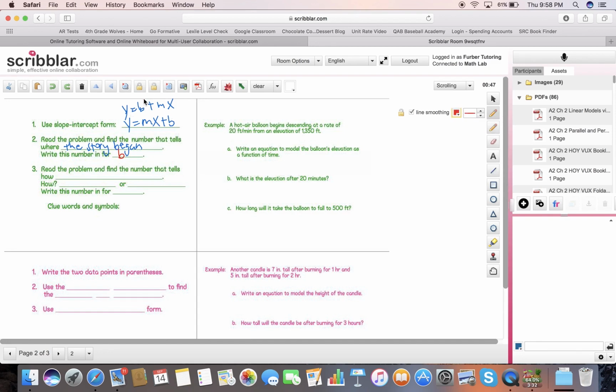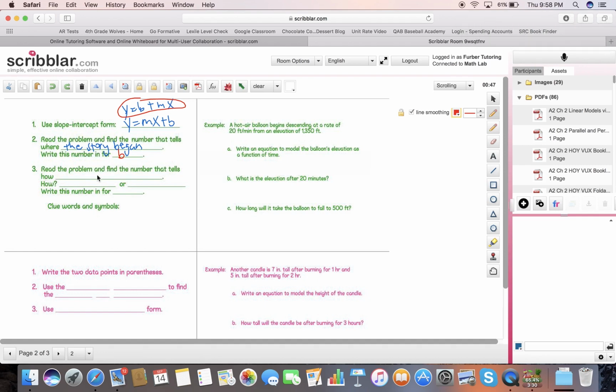That's kind of why sometimes it's preferred to look at it this way, because it makes sense that the b is the first thing you begin with. It really doesn't matter what order you put it in. It's the same concept. Okay? After you find out where the object or the thing began, then you're going to read it a second time.